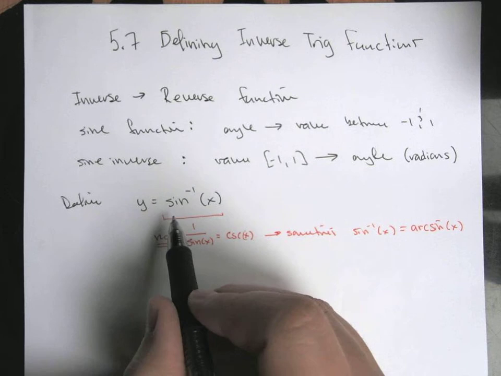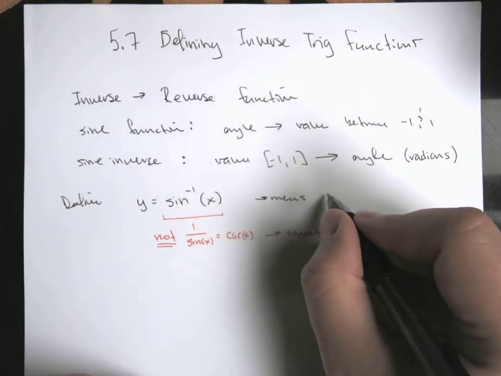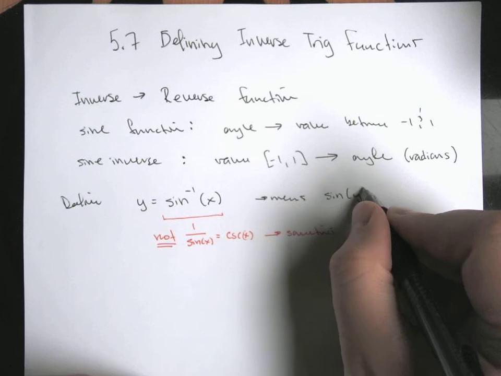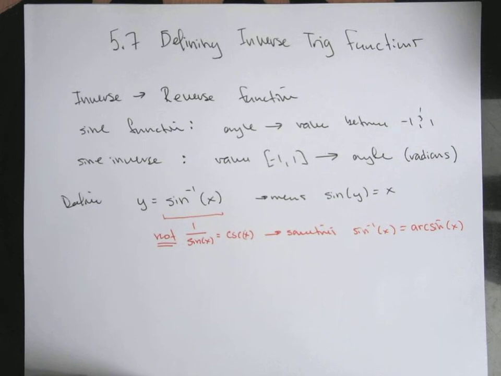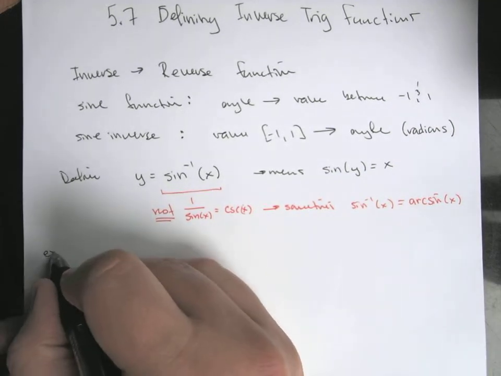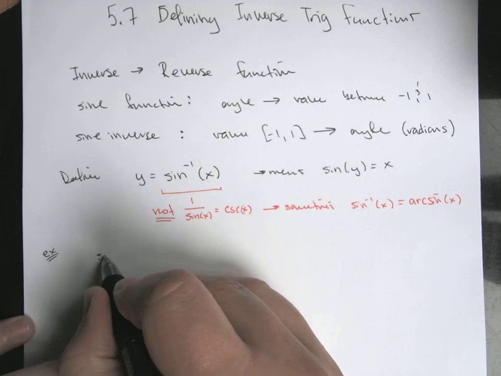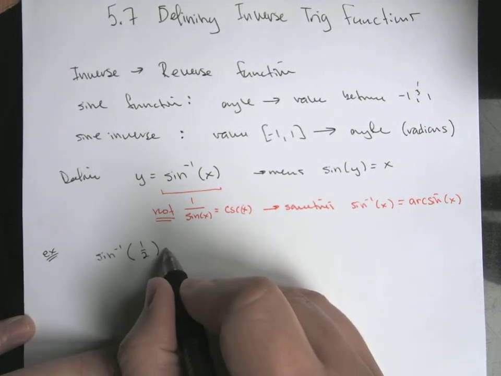So if y is going to be the sine inverse of x, this means that the sine of whatever our y value is would take us back to x. Now there's a little bit of an issue. Let's look at an example. Let's say I wanted to do sine inverse of 1/2.